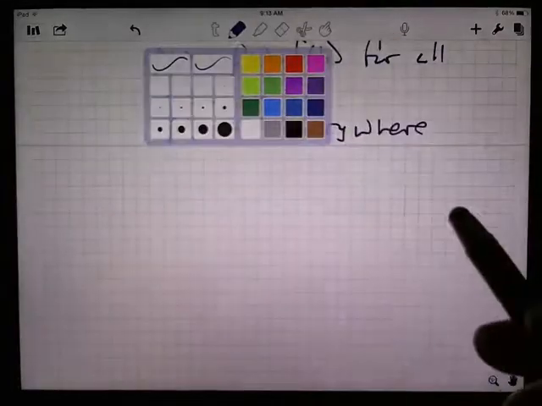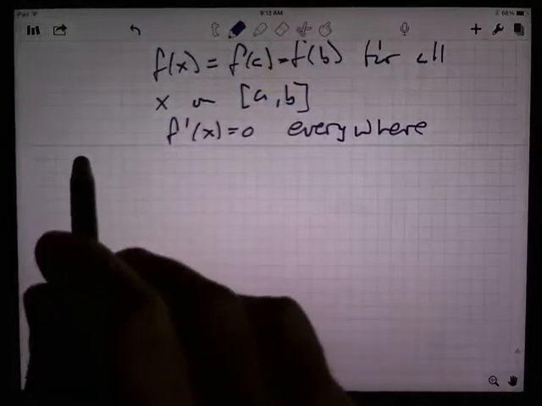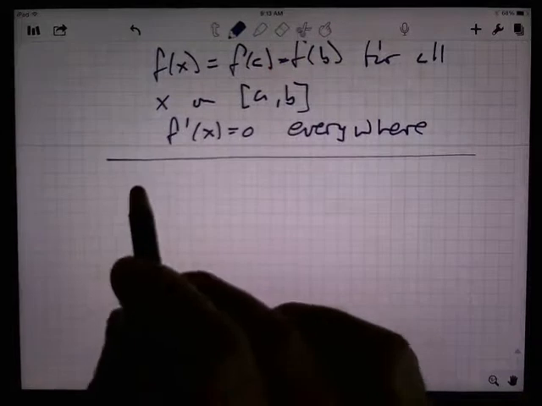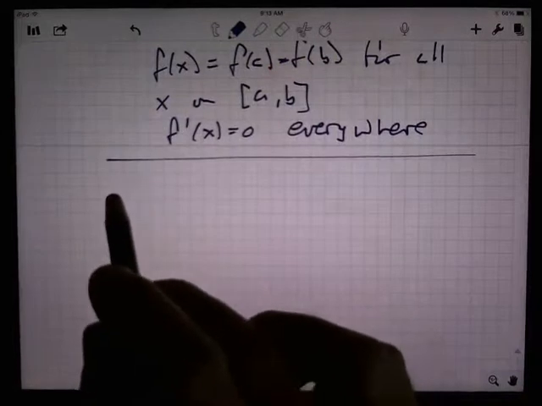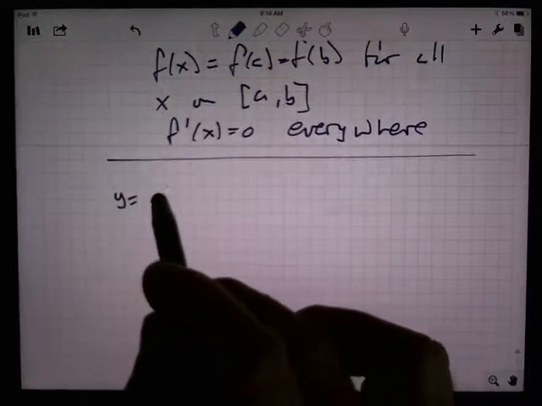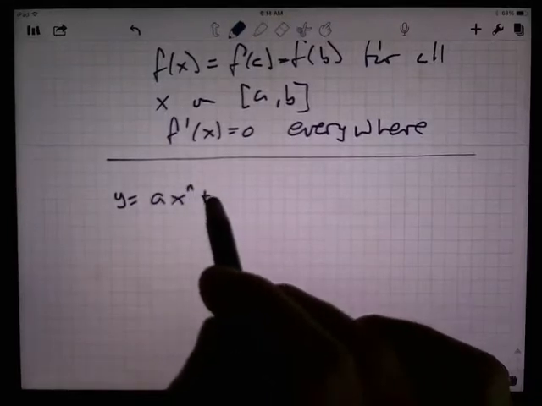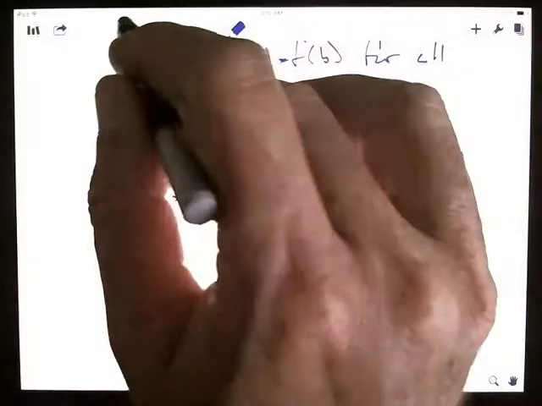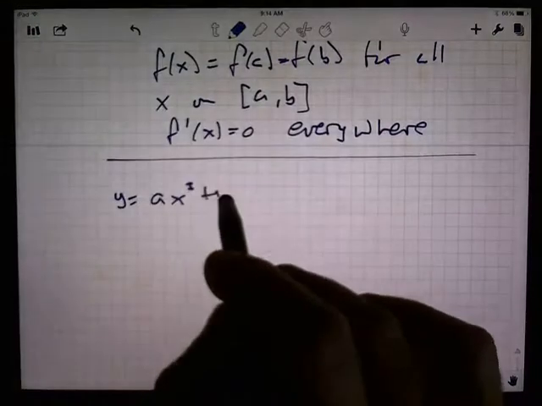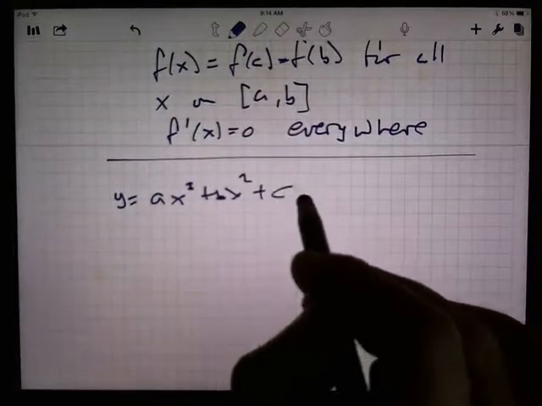What Rolle was doing is he was trying to not use the notion of derivatives. He'd start off with a polynomial, ax to the n plus... well, let's just do a cubic, right? So he had ax cubed plus bx squared plus cx plus d.